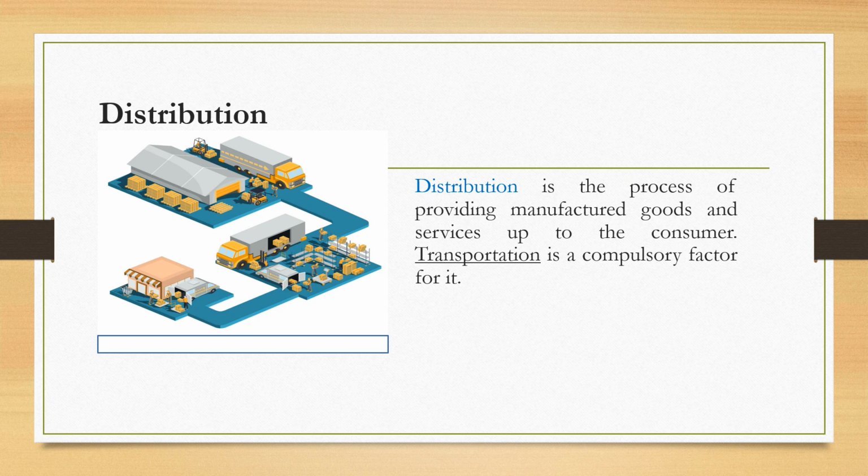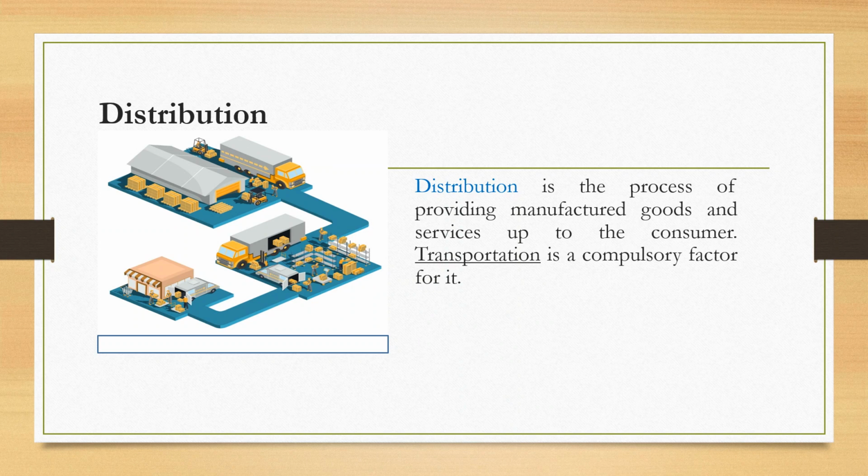The manufacturing or production takes place in the factories. Once the goods are produced, they should be distributed. For the distribution, transportation is compulsory. If there is no transportation, the goods cannot be distributed.